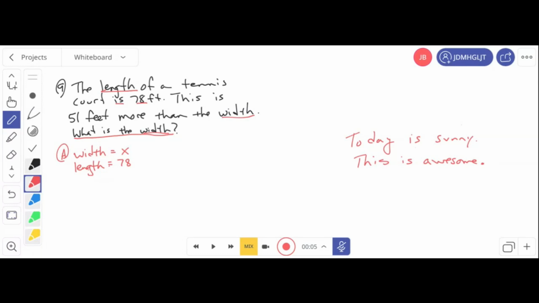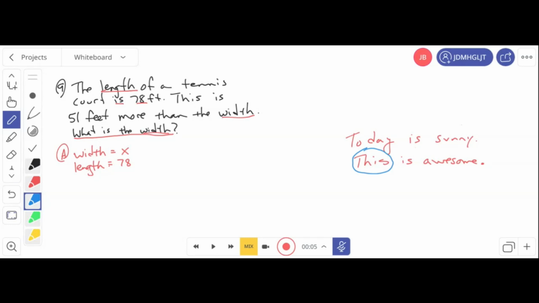If I tell you that today is sunny, and then I say, this is awesome, what is the word this referring to?